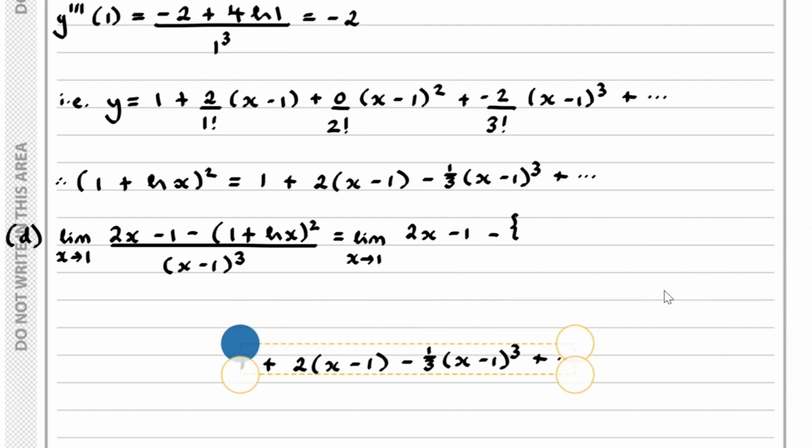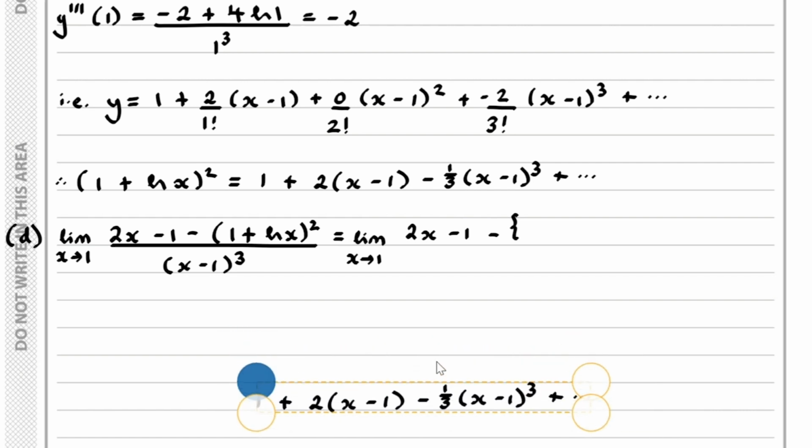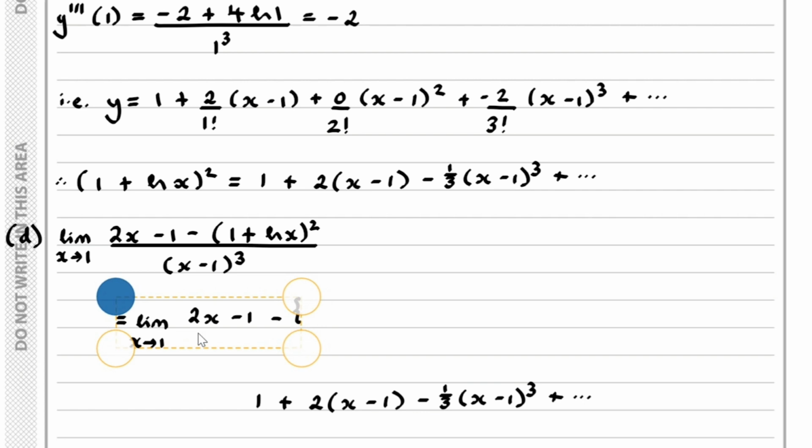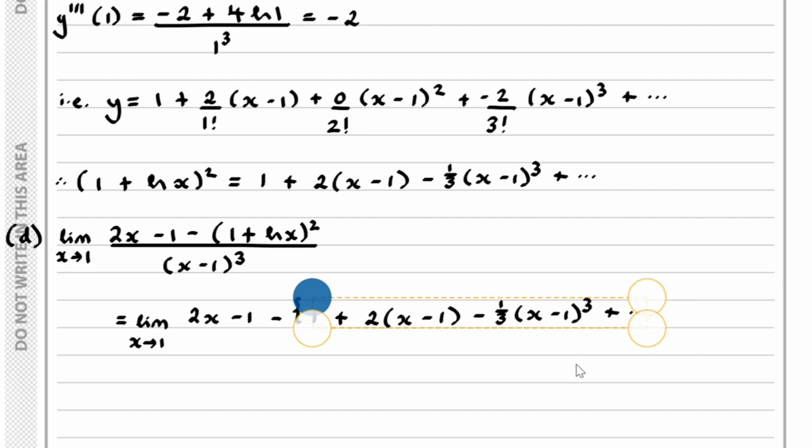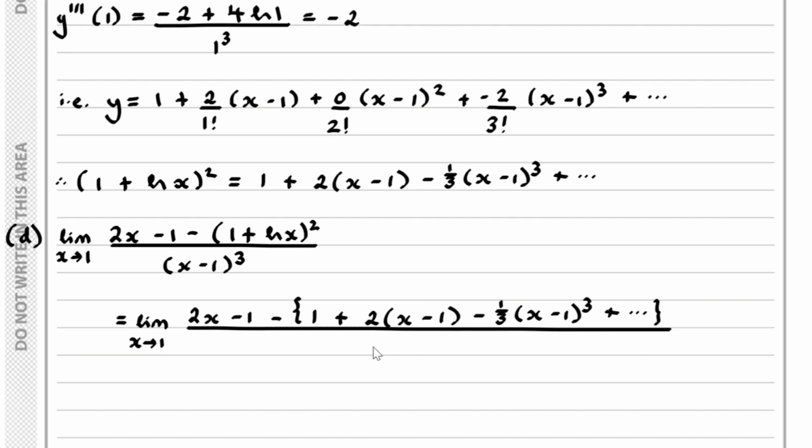So perhaps if we write this on a new line, so we subtract this result here, and then on the bottom we divide by x minus 1 cubed.